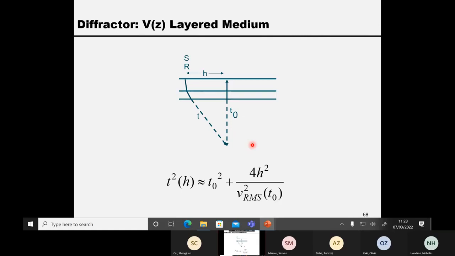You can see that, because this formula is very close to the NMO equation. So if you have a velocity model with a layered structure, you cannot use the layered velocities straight away for the migration. You do need to calculate the RMS velocity for the migration. That's the way.